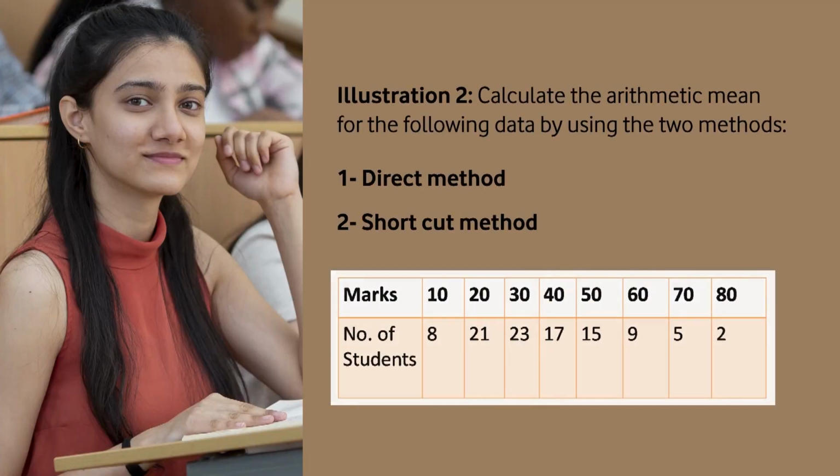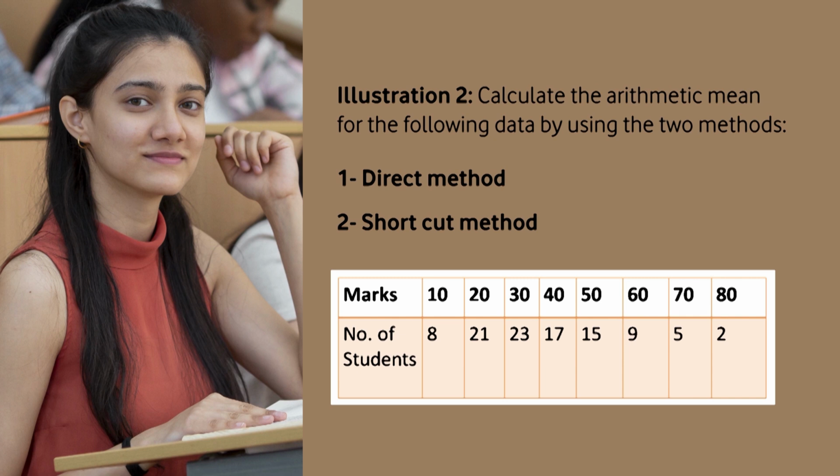So, for example, in this illustration I have taken that the marks of a few students are given. All students who have scored 10 marks are 8 in number. That means in a class, 8 students have scored 10 marks in a particular subject, say for example statistics.